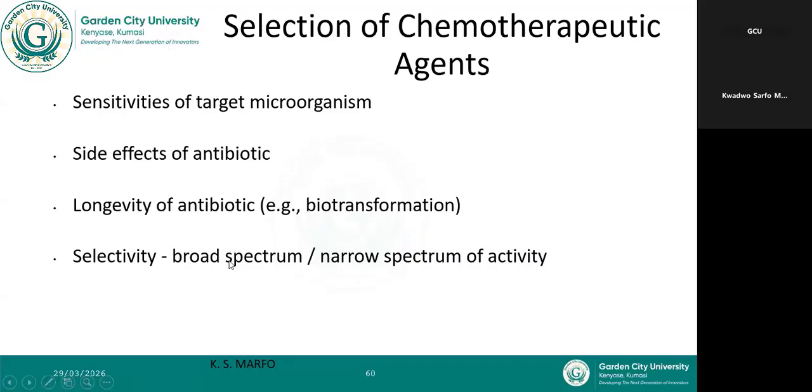The selectivity, is it broad spectrum or narrow spectrum in their activity? Usually for most cases, the clinicians may decide to start with broad spectrum if the test result is not ready, then when it's ready, they narrow down to the specific ones for effective management of the condition.